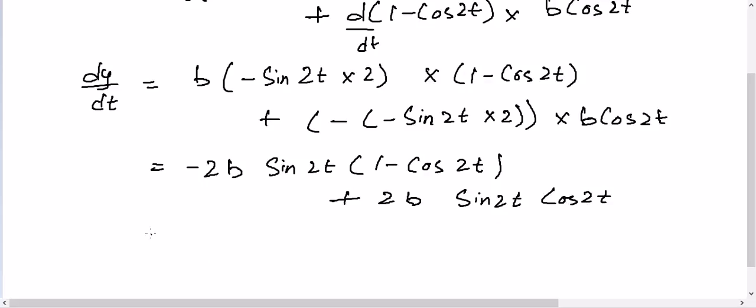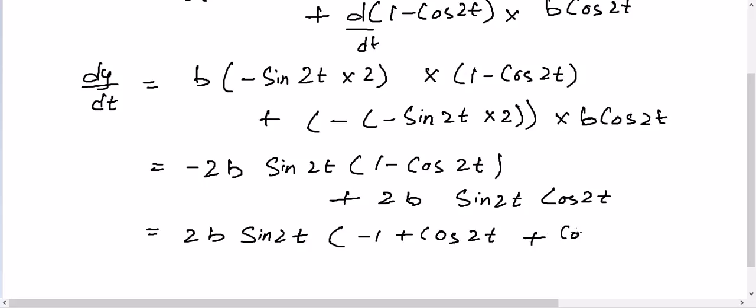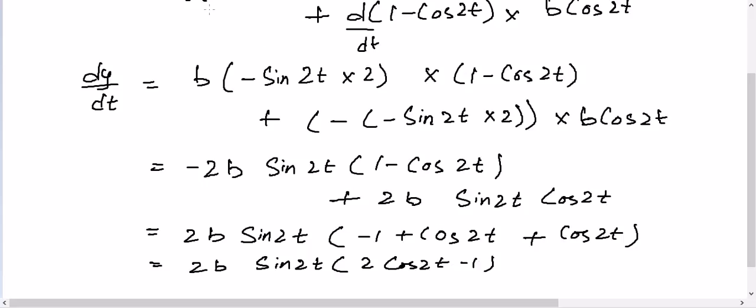Let's simplify it. We take 2b sine 2t common, and it will be minus 1 plus cos 2t, because the minus is there for the first term, and the second term is cos 2t. So it can be written as twice b sine 2t times (twice cos 2t minus 1).